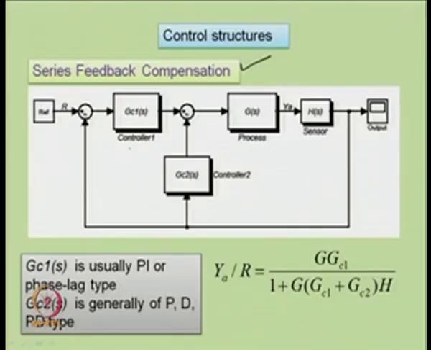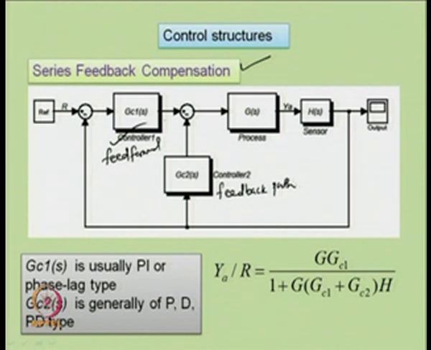Here we have controller 1 in the feed forward path and controller 2 in the feedback path. With the help of this compensation scheme, it is possible to obtain satisfactory set point tracking and disturbance rejection both. That is why it is often also called a 2 degree of freedom control scheme.